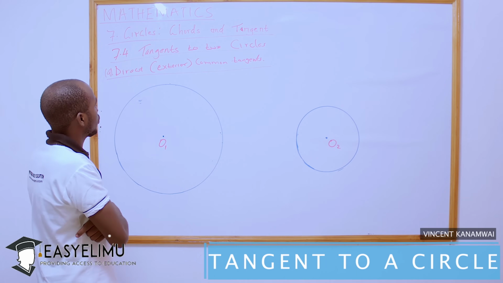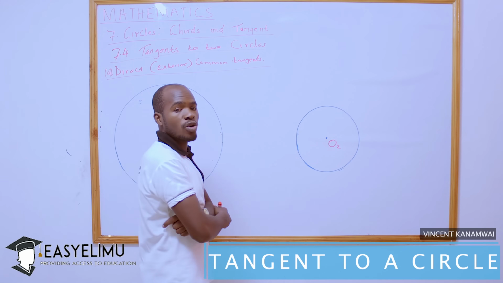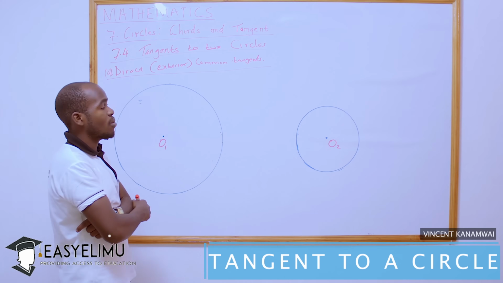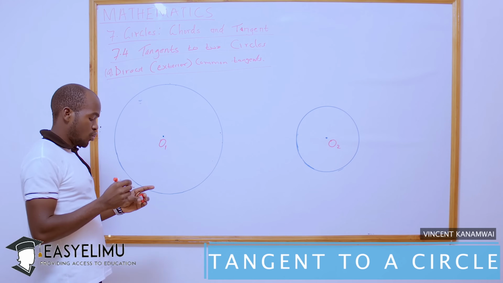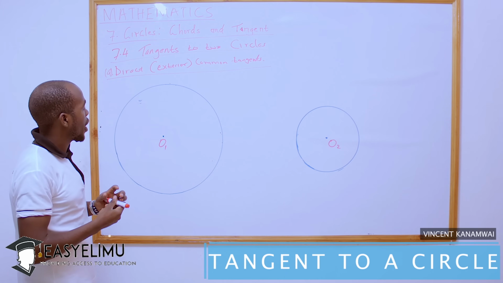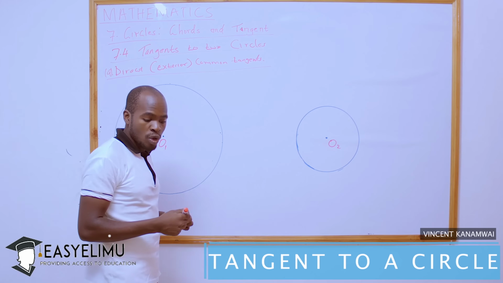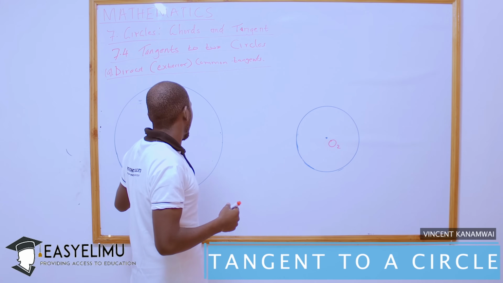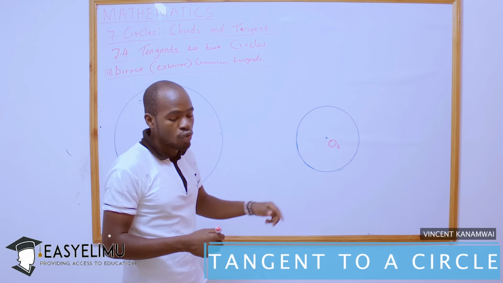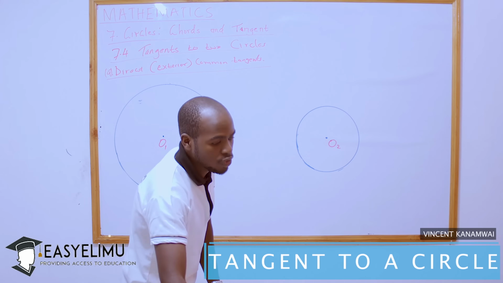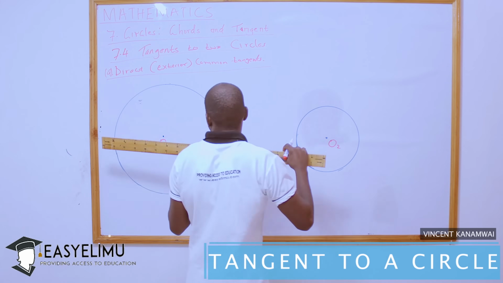So having those two circles, and you want to construct direct or exterior common tangents to both circles, the first thing you do is join O1 to O2 using a straight line.